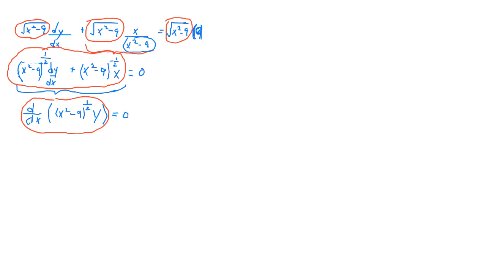Okay. And now you integrate both sides. You integrate both sides. So you're integrating on the left the derivative of the square root of x squared minus 9 times y with respect to x.